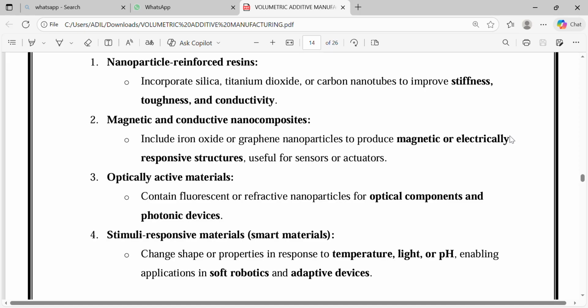It enables safe human-robot interactions. Applications include wearable devices, medical devices, and soft actuators. Adaptive devices respond to environmental changes. They can adjust properties or behavior. Applications include soft robotics, wearable, and biomedical devices.